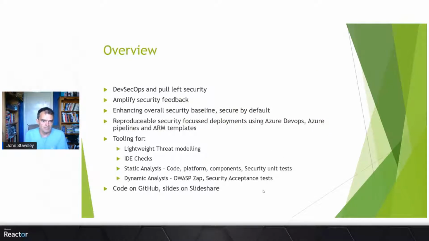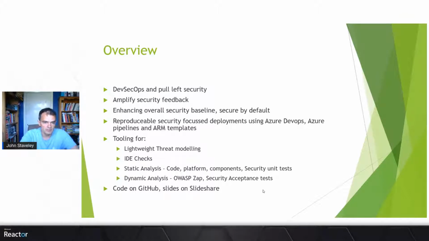So what we're going to be talking about today is DevSecOps, the security part of DevOps, and shifting security left. So I'm going to assume you know a bit about security, and application security specifically, to begin with. We're talking about amplifying the security and getting that security information back to the developer as soon as possible, whilst they're typing or as part of the build chain.